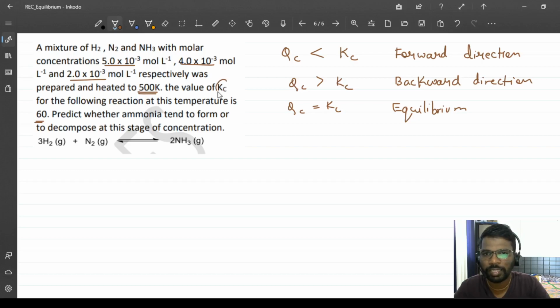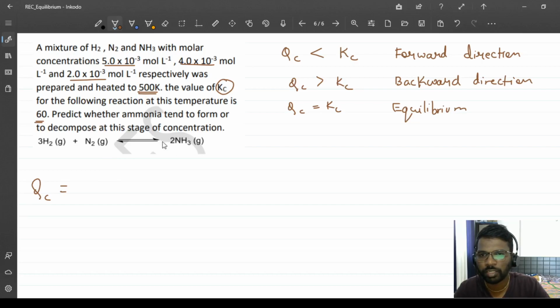So directly Kc is given, right, so we will find QC. QC means the concentrations of the products upon reactants, at any time, maybe before the equilibrium or after the equilibrium. It looks just like an equilibrium constant expression.